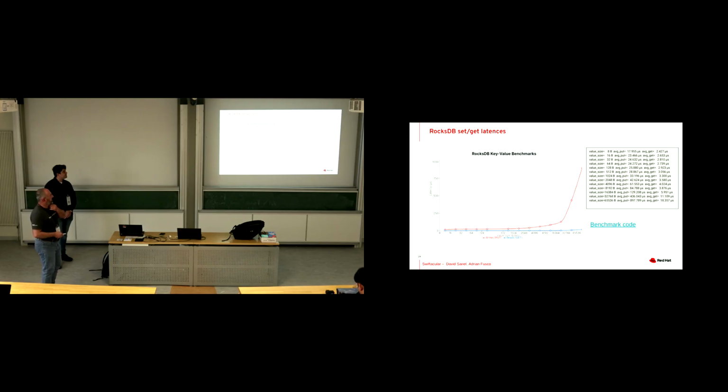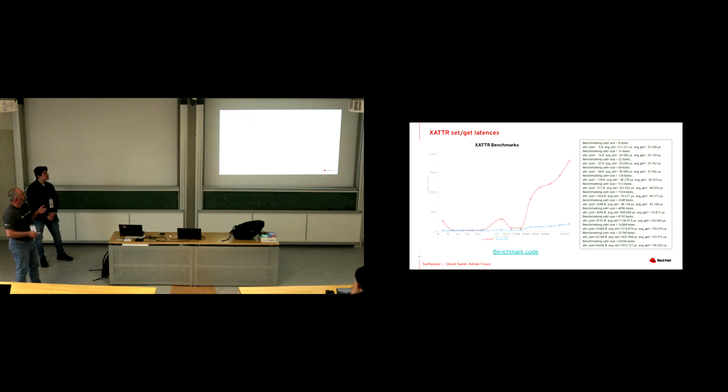That's how RocksDB works. But you see that for value lengths less than 16K, it has very decent time, and it's less than writing extended attributes of the same size.